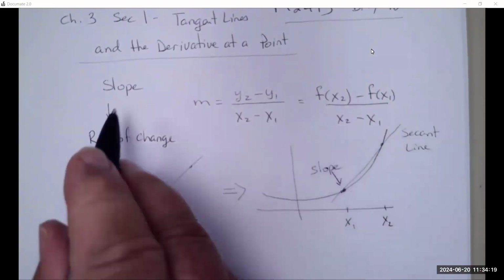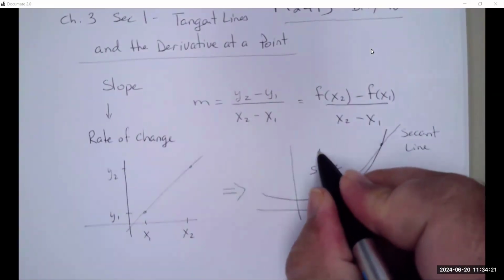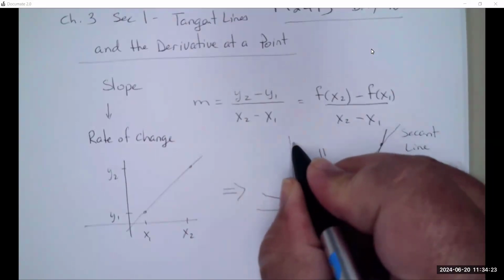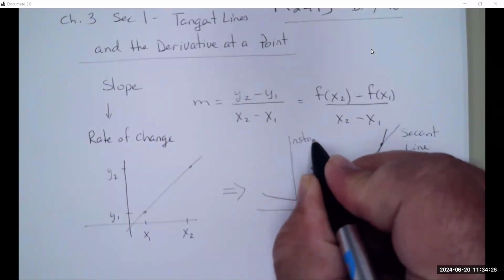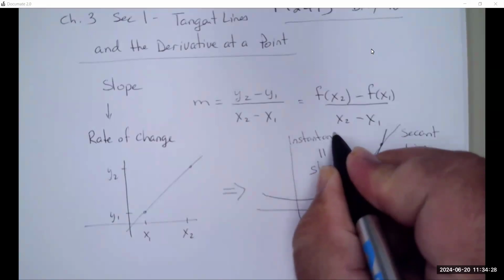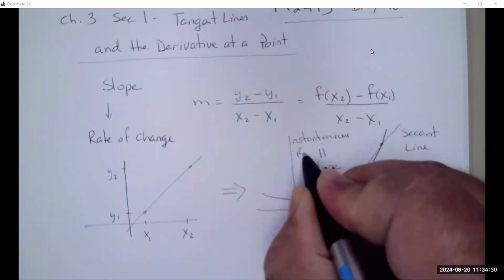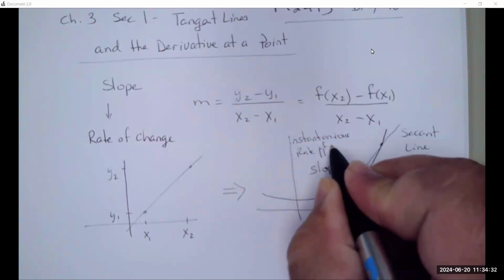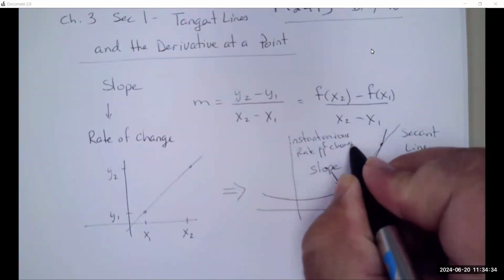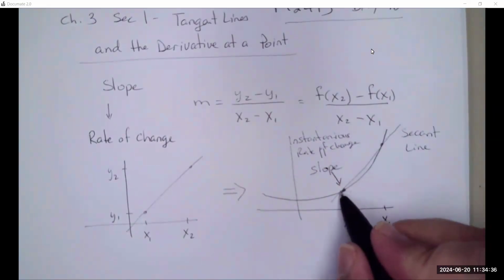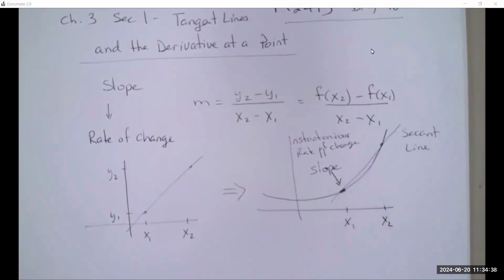And that, with respect to the rate of change, was called the instantaneous rate of change. We want to know what's happening at that one point, at that one piece of time.